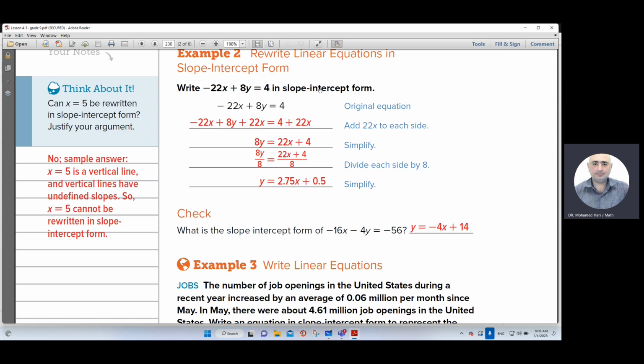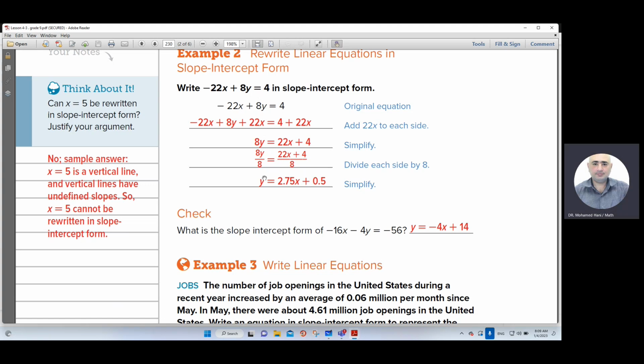We want to keep y on this side and move the other terms to the other side. So we want to remove negative 22x, so we can add 22x to the two sides. 22x and minus 22x will be 0, and 8y remains here. Then we want to remove 8. We can divide the two sides by 8, as you see. So y remains here.